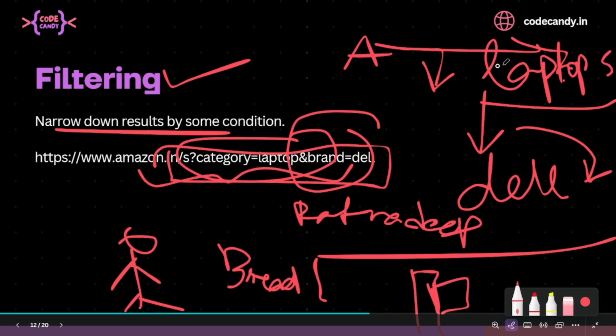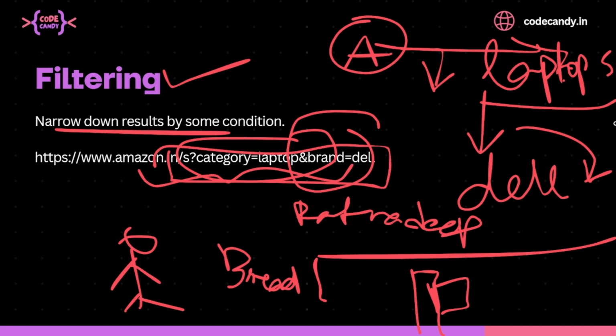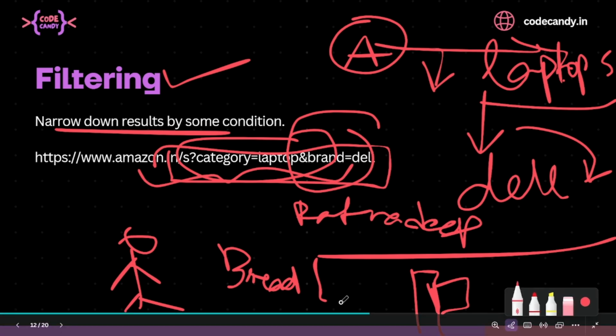In the same way, we are also asking Amazon to filter: in laptops, go to Dell. If I don't give this filtering, you will see all the things. Suppose I am in Ratnadeep and I want a bread packet, I will see all the things and get confused. If I go row by row, rack by rack, all my time will be wasted.